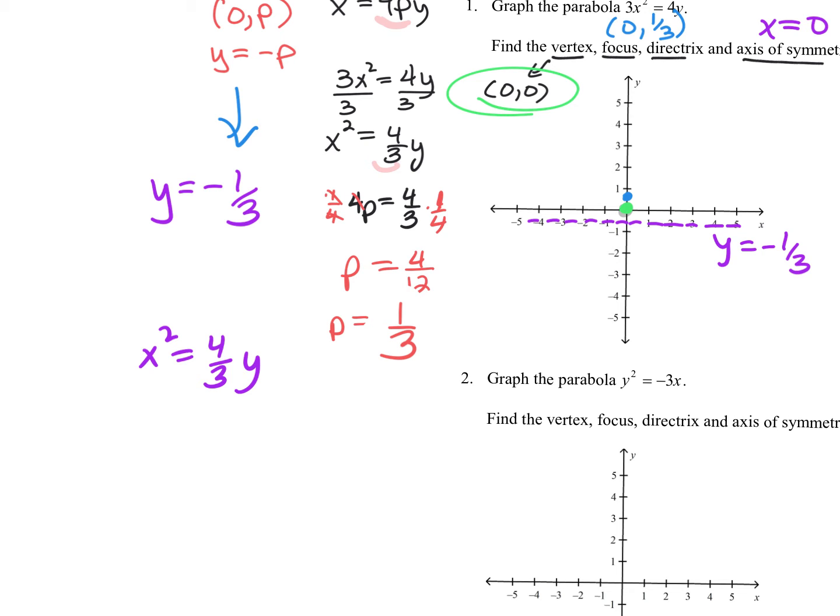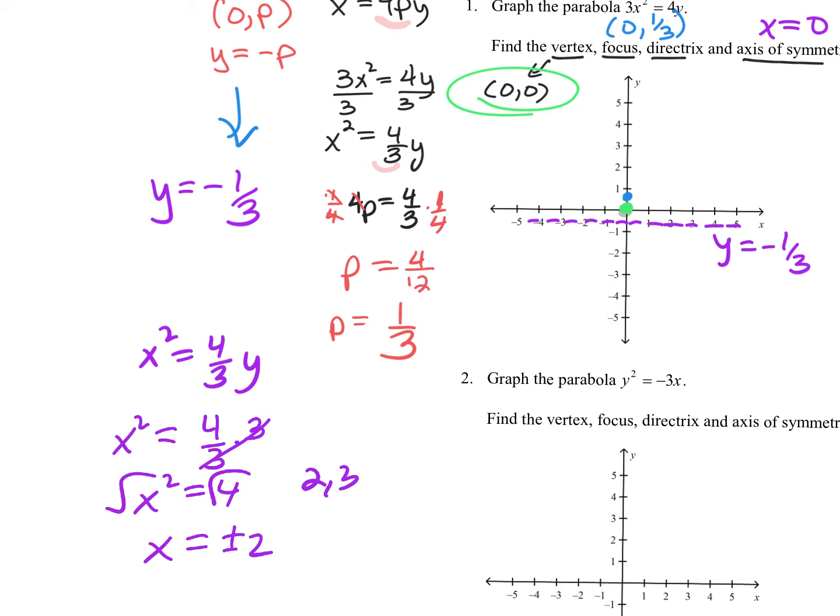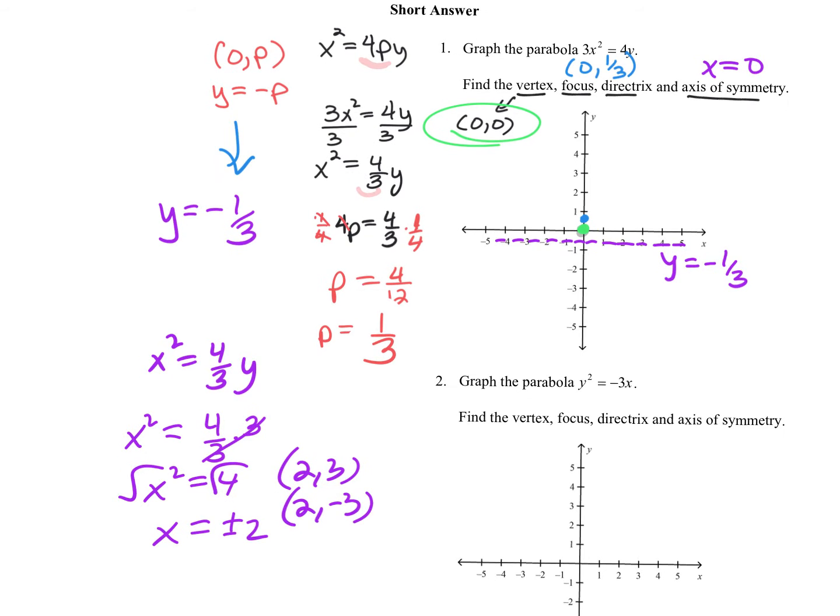If I plug in 3 for y, I think that's going to be the easier way to do this one. I get x squared equals 4, square root it, and x is going to be plus and minus 2 when y equals 3. So I can graph the ordered pairs 2, 3 and -2, 3 to see how fat my parabola is going to be, and then connect the points.